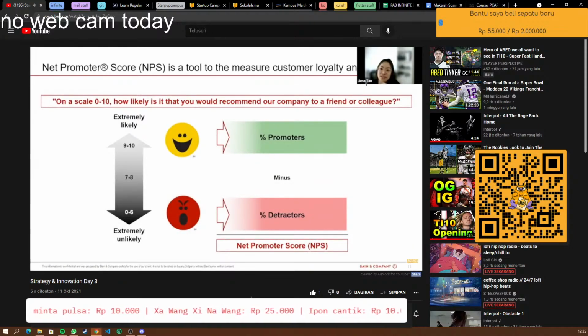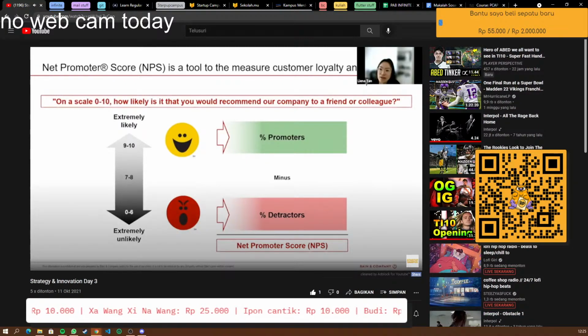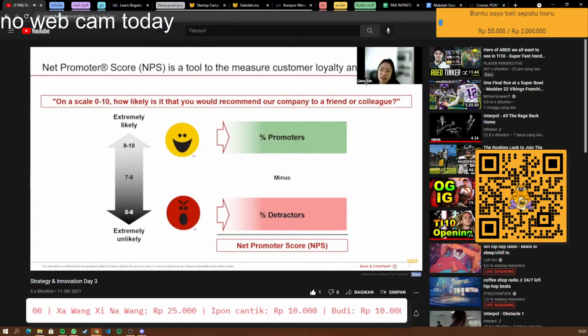The question is, on a scale of 0 to 10, how likely is that you would recommend our company to a friend or colleague, right? If you put 10 or 9, you are a promoter, right? And if you put 7 and 8, they are just neutral, right? And then kalau misalnya kurang dari 7 ya, 0 to 6, mereka tidak begitu suka lah.